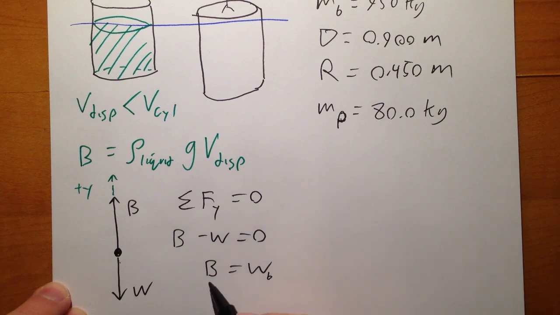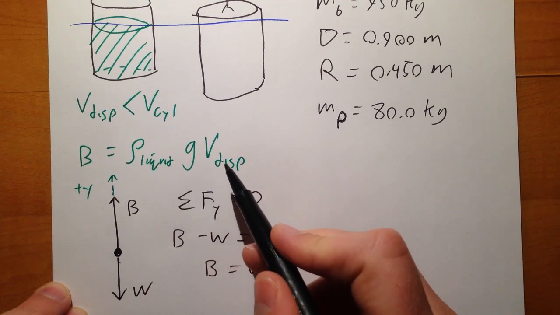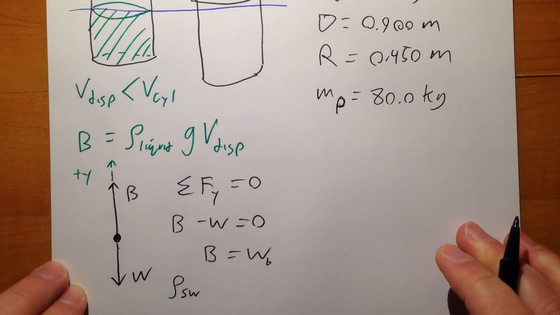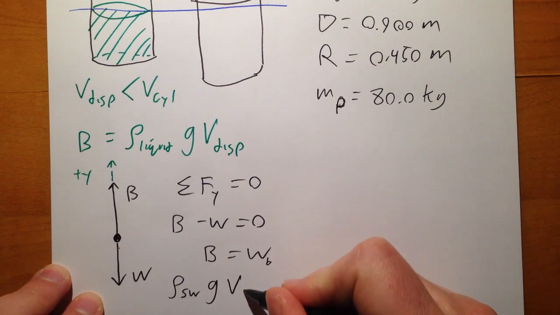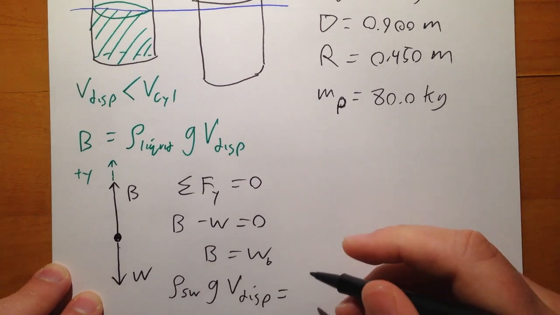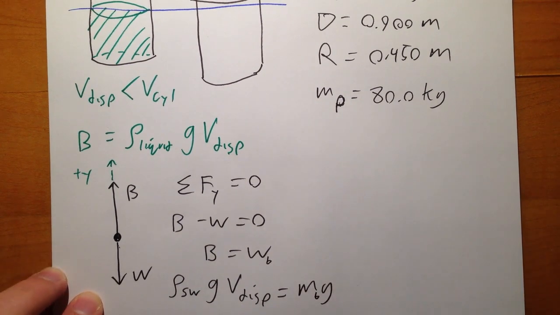Now I know the formula for buoyant force, and I know the formula for weight. The formula for buoyant force is, again, the density of the liquid times g times the volume displaced. The density of the liquid, in this case, is the density of seawater. That's something we're going to have to look up. G times the volume displaced is equal to, the formula for weight is mg, where m is the mass of the buoy.